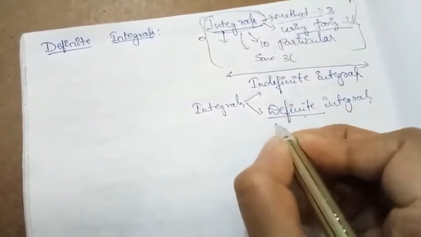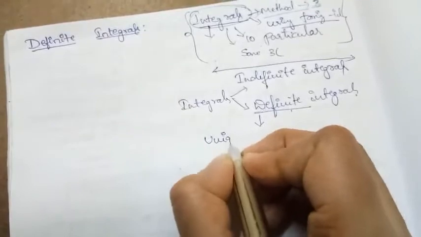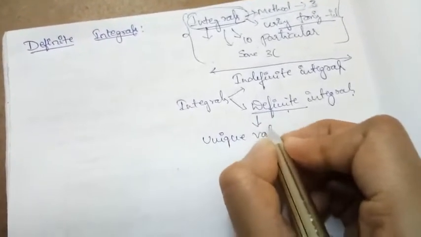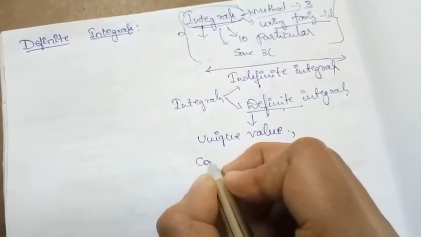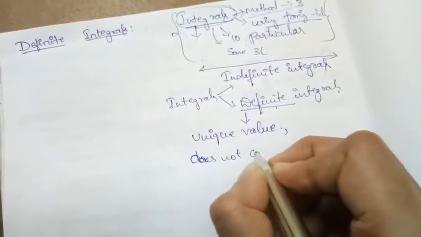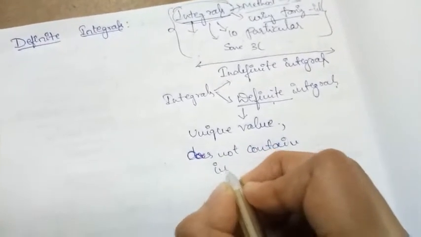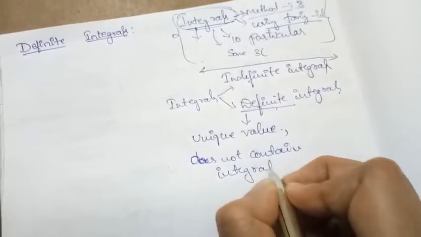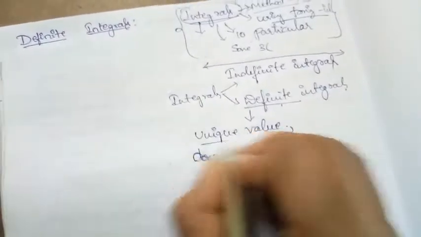When we are talking about a definite integral, it has a unique value, and it does not contain our integration constant, because it has a unique value.